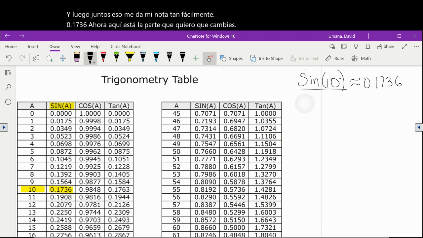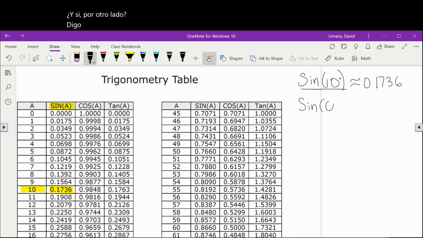Now here's the part I want you to kind of switch. What if, on the other hand, I say that I want the sine, and I tell you that this sine is going to be like that? What if I say I have the sine of something and it's already this number? Like they already gave me the number.